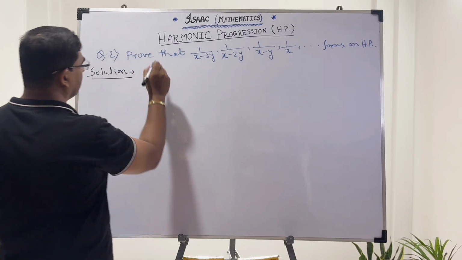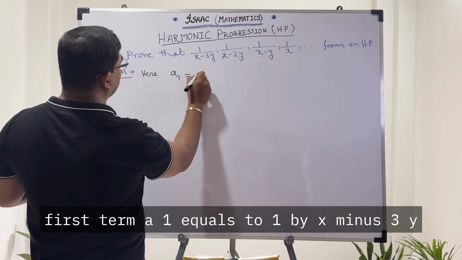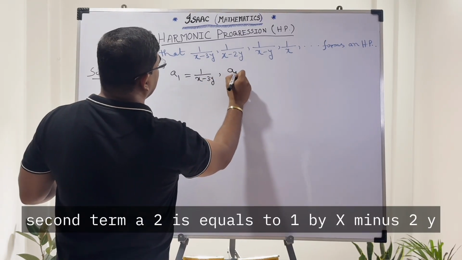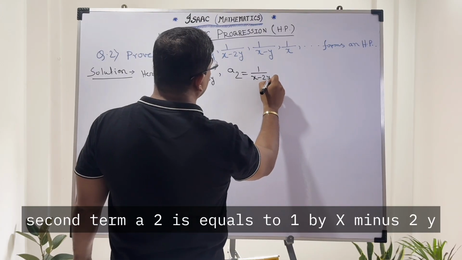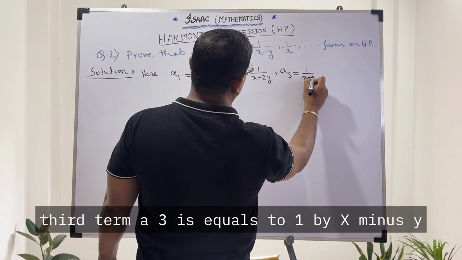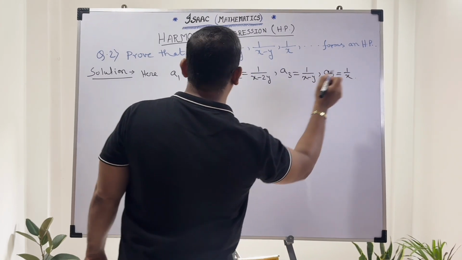Solution. Here, first term a1 equals 1 by x minus 3y. Second term a2 equals 1 by x minus 2y. Third term a3 equals 1 by x minus y. Fourth term a4 equals 1 by x.